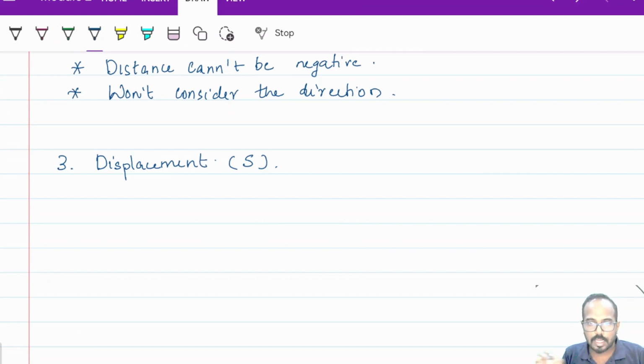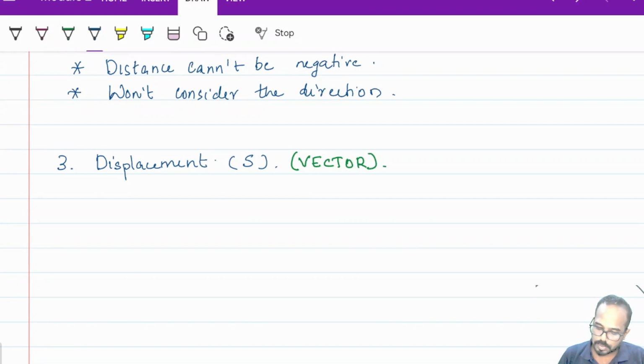The shortest length of the path from initial to final position. So you are mentioning initial to final position, which means you are mentioning the direction. So direction is important here. Then it is called a vector quantity, right? So displacement is a vector quantity.